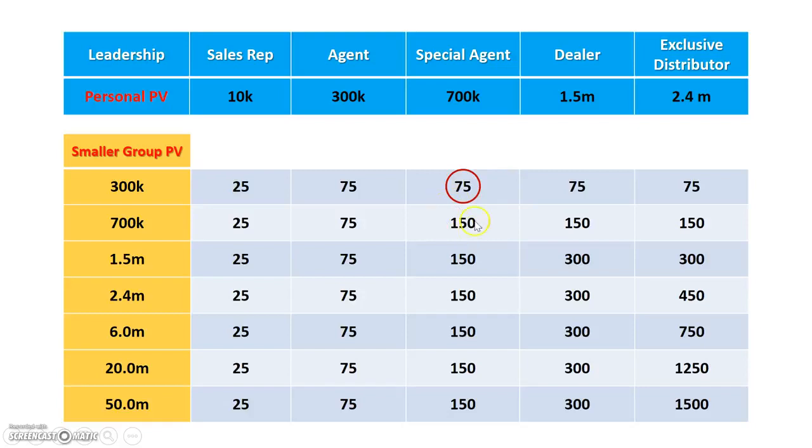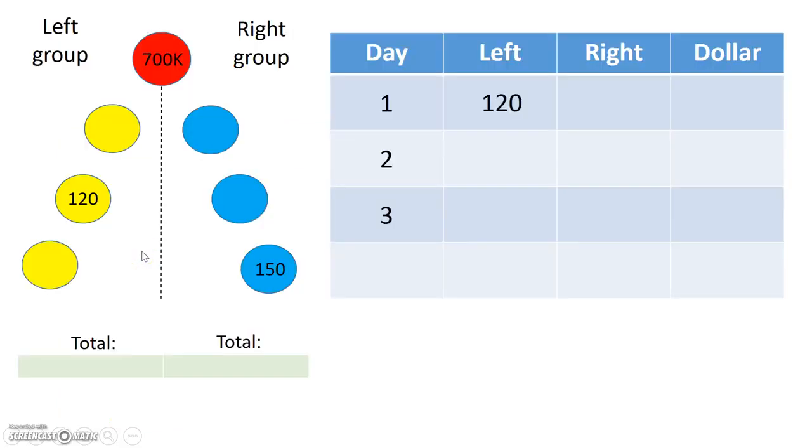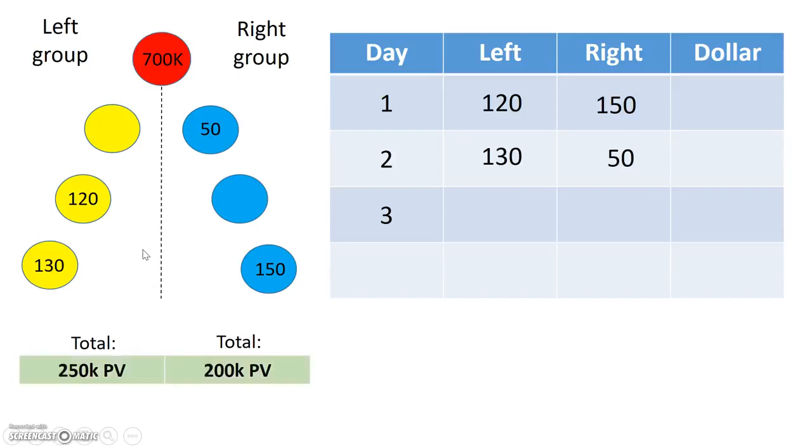If I want to move up to $150, I need at least 700 here, which is the scenario in this case. Let's say on the third day, on the second day we only have 250, 200 here. But on the third day, suddenly there is a big jump. One person bought 450, another person bought 500. On the third day, suddenly from 200 plus, I jump to 700, and I hit the 700 ceiling.